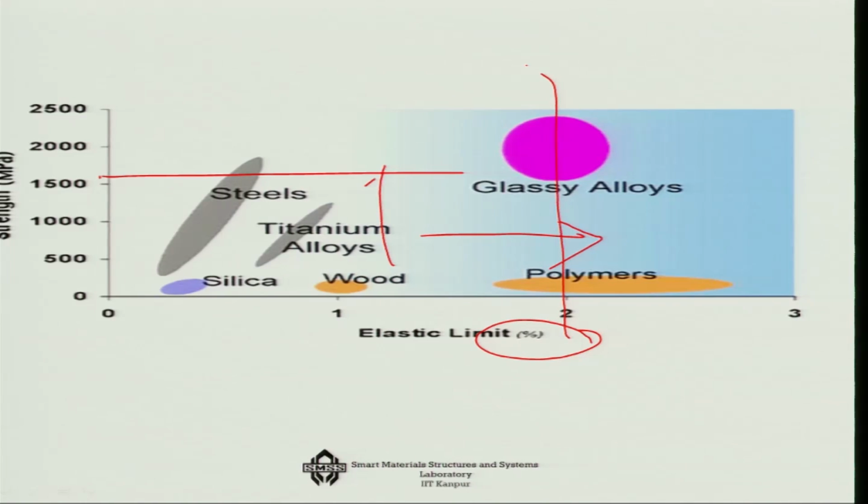So, that is the good thing, that you get a much higher level of strain, but also a very high level of strength. That combination makes glassy alloys like bulk metallic glasses a very unique new material.